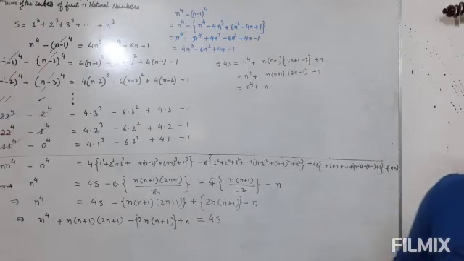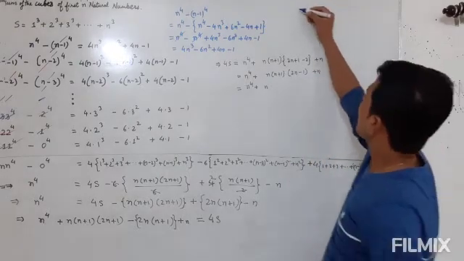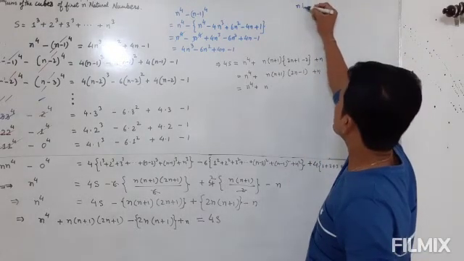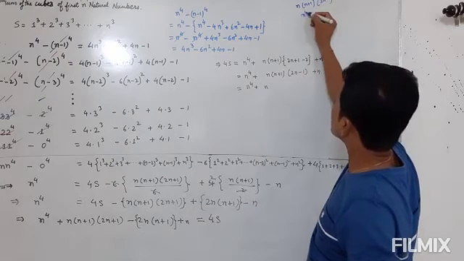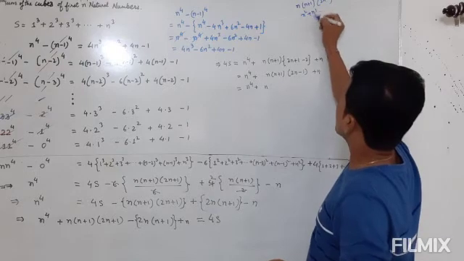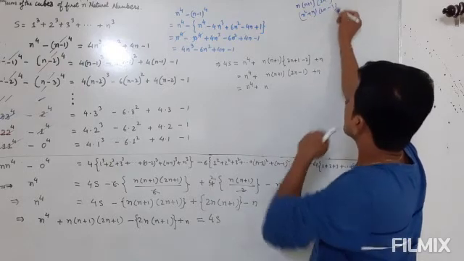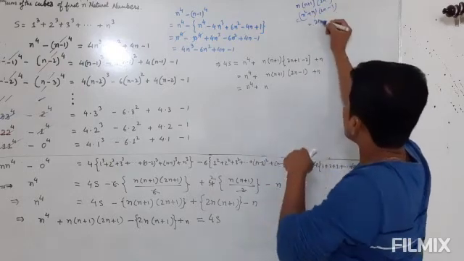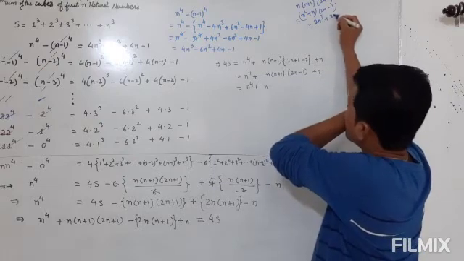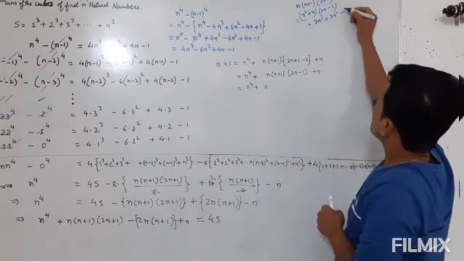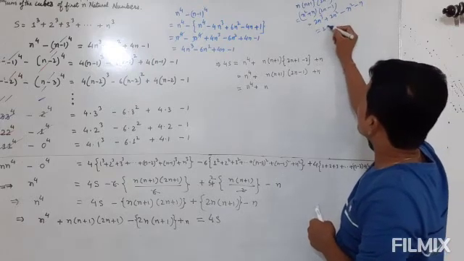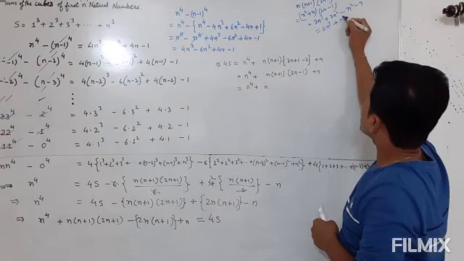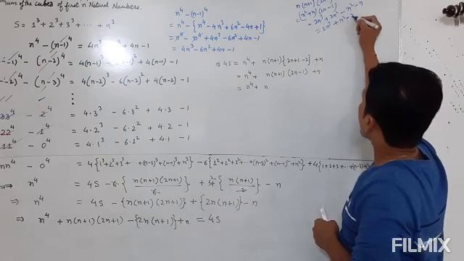This is n into n plus 1 times 2n minus 1. I am going to multiply this. This is n square plus n times twice n minus 1. This is twice n cube plus twice n square minus n square minus n. We are left with 2n cube plus n square minus n.